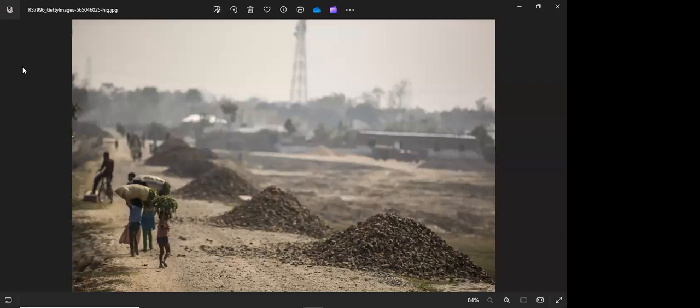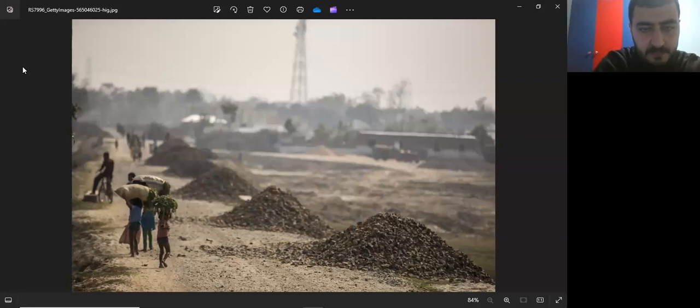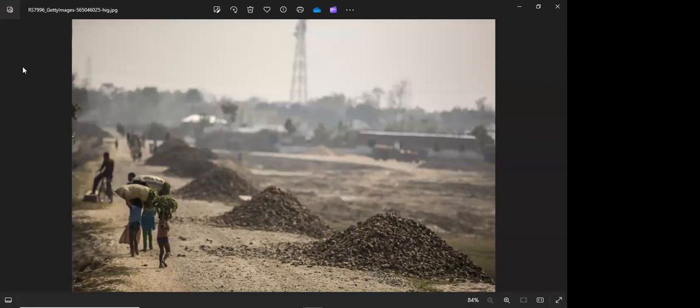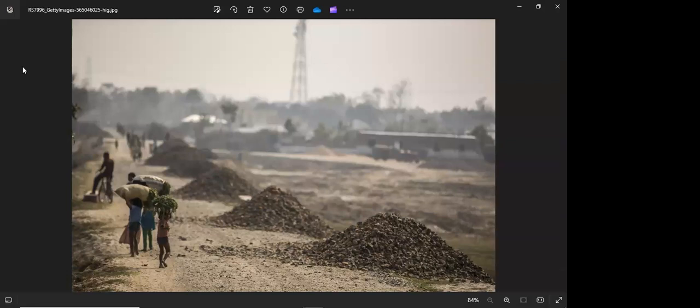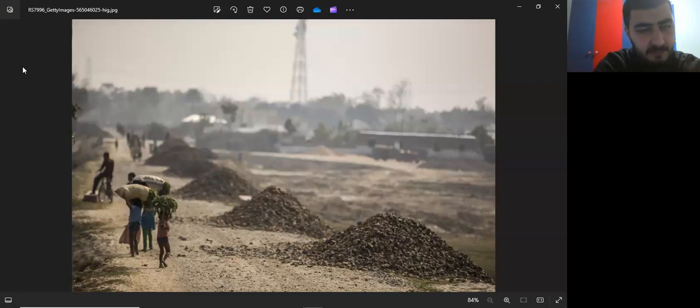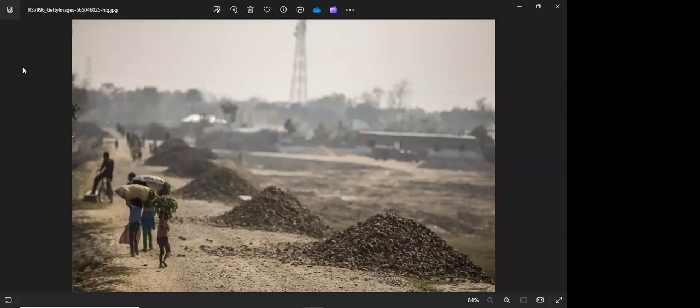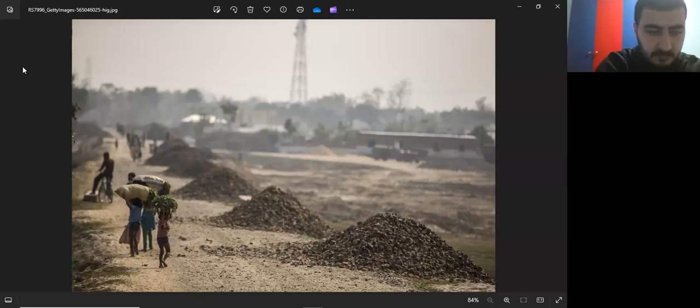Children. Soil, or a pile of stones. Yes, pile, a pile of stones. People. Okay. And what are the children doing?